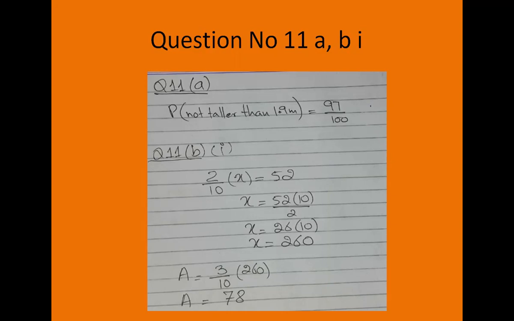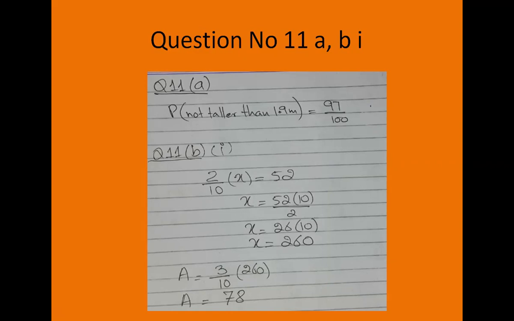I don't know the total people in the survey, so suppose the total is X. 2 by 10 of X said C, and that was 52. So X will be 52 multiplied by 10 divided by 2, which is 26 multiplied by 10, so X will be 260. It means the total people in that survey are 260.